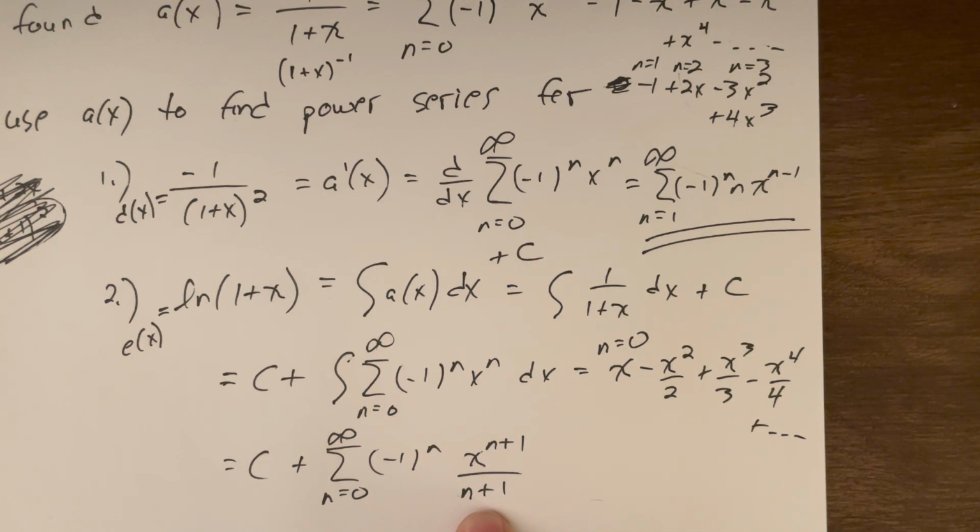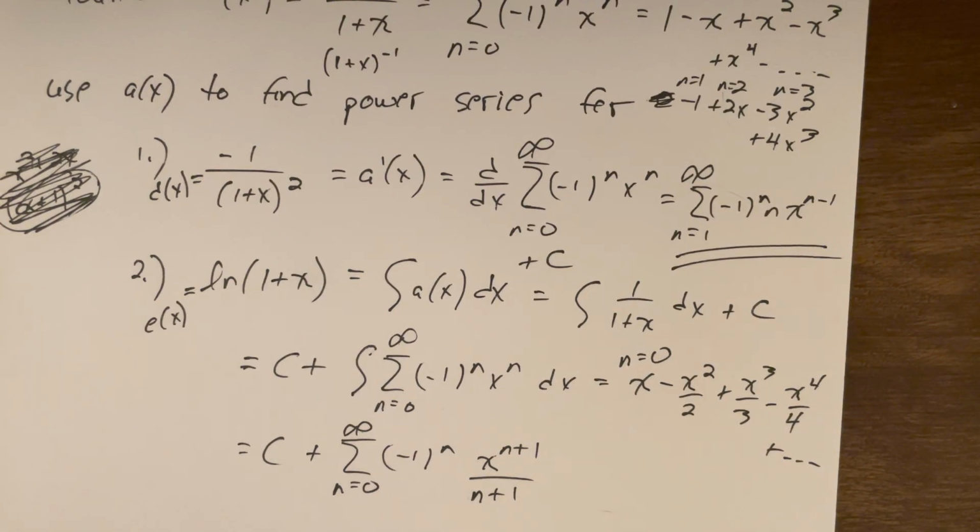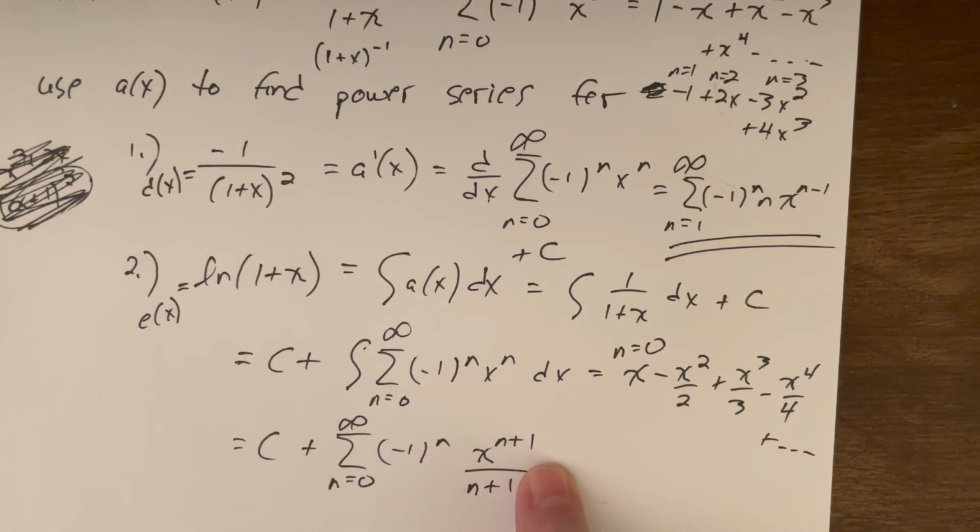So, the last thing to realize here, sometimes the book just rewrites this a tiny little bit. This is another spot where sometimes they like to start with n equals 1 instead.